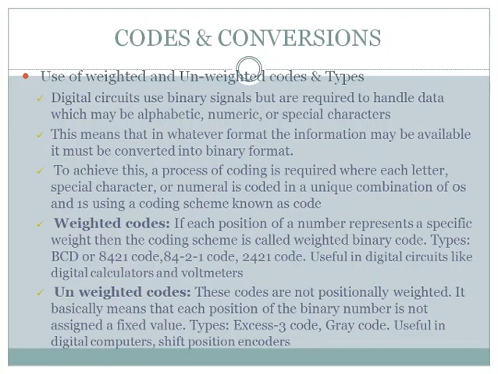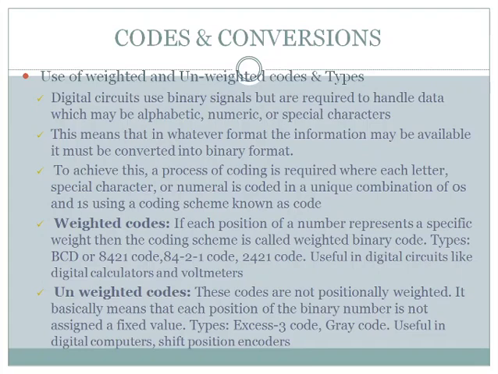To achieve this, a process called coding is required, wherein each letter, special character and numeral is converted into a combination of zeros and ones, and that combination is called a code.